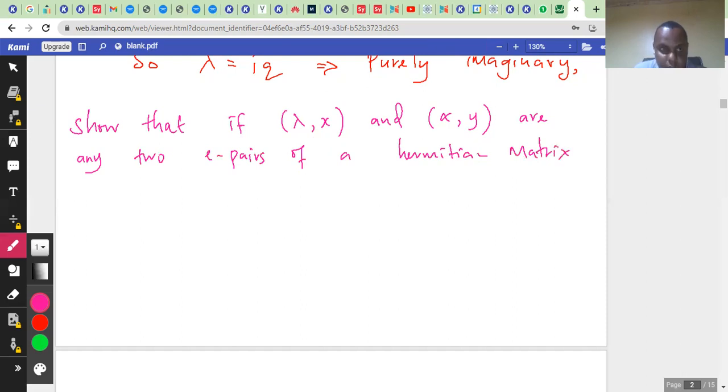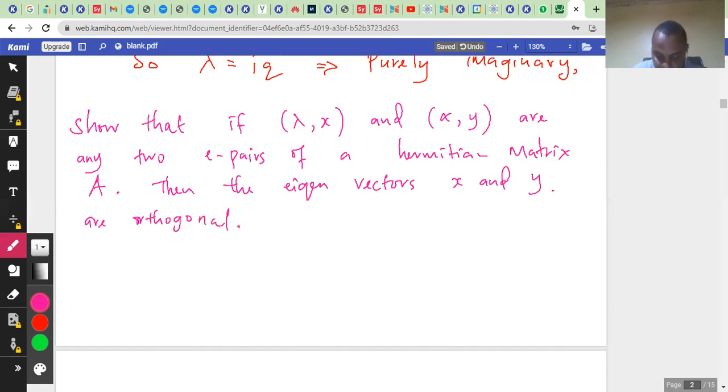Then the eigenvectors x and y are orthogonal. You just need to show that x^H y equals 0. I don't know why they're saying that x^H y equals 0.